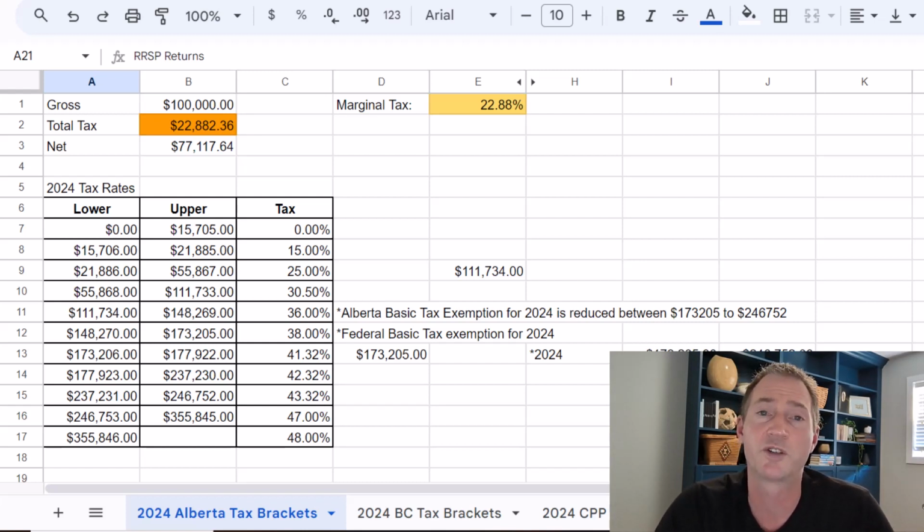Another rule about the contributions for the RRSP is that the deadline for RRSP contributions is actually 60 days after January 1st. So you actually normally have until March 1st. On a leap year like 2024, you have until February 29th to make your contributions for the previous year. So if I wanted to contribute $10,000 into my RRSP on, say, February 10th, I can still claim that money on the 2023 tax filings.